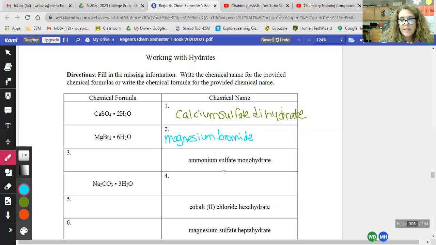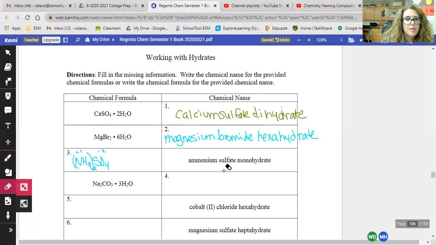Now I have 6, so 6 is hexahydrate. Now I have ammonium, so that is NH4, sulfate, SO4, charges +1, -2. So I have to put the parentheses in here.